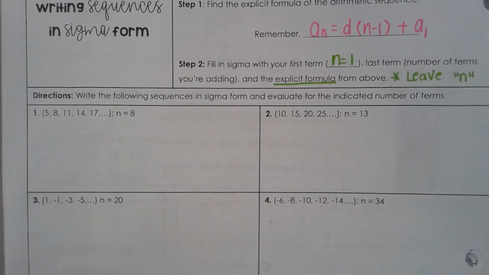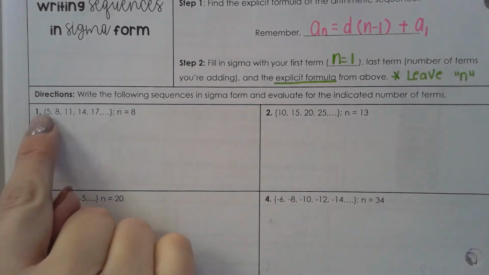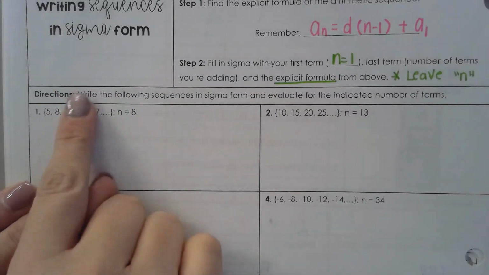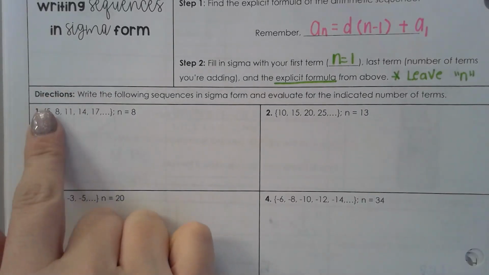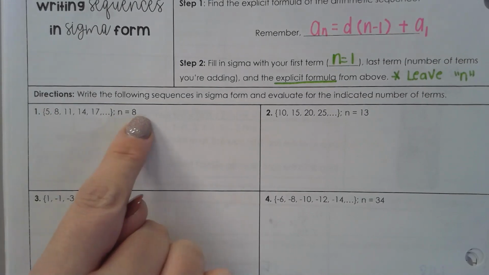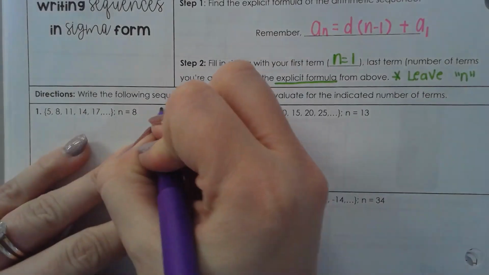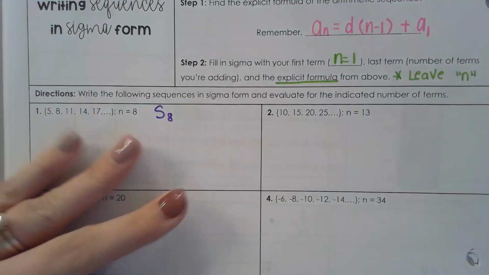So the directions say to write the following sequences in sigma form and evaluate for the indicated number of terms. What that means is, here's my sequence, and I'm going to put it in sigma form. I'm going to find the sum of the first 8 terms. So what I'm finding is S8.